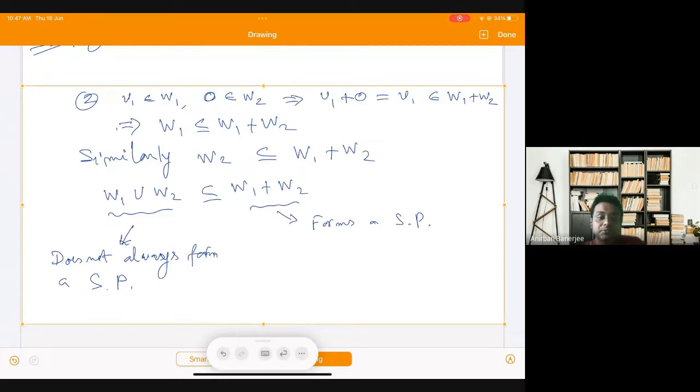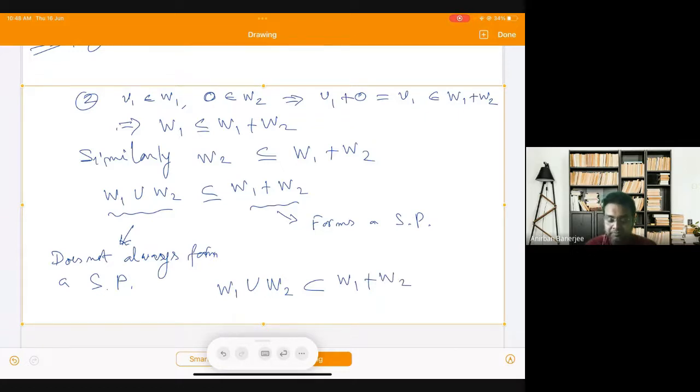Then what is the problem? Which are the missing parts in W1 union W2? There must be some missing vectors whose inclusion will make W1 union W2 a subspace, right? So when it is not a subspace, W1 union W2 will be a proper subset of W1 plus W2, right?